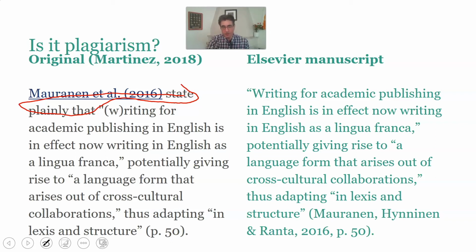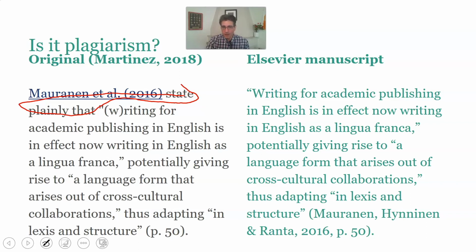Really the analogy would be as if you went to a supermarket, bought a ready-made sauce, and then put that into your own sauce. That's basically what the person's done here. Except in the academic world, you'd actually have to say that's where that sauce is coming from.